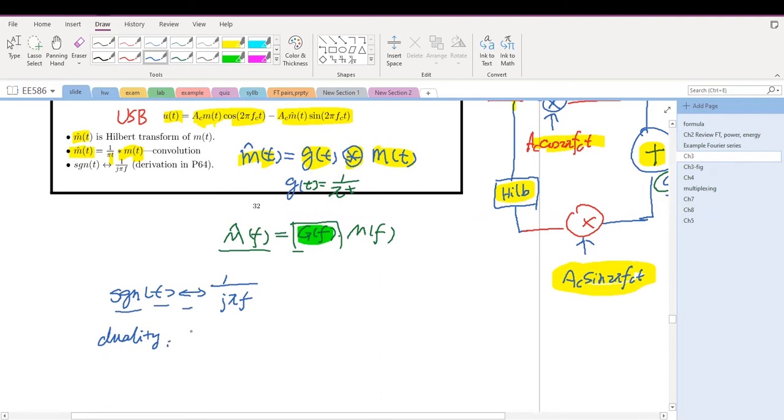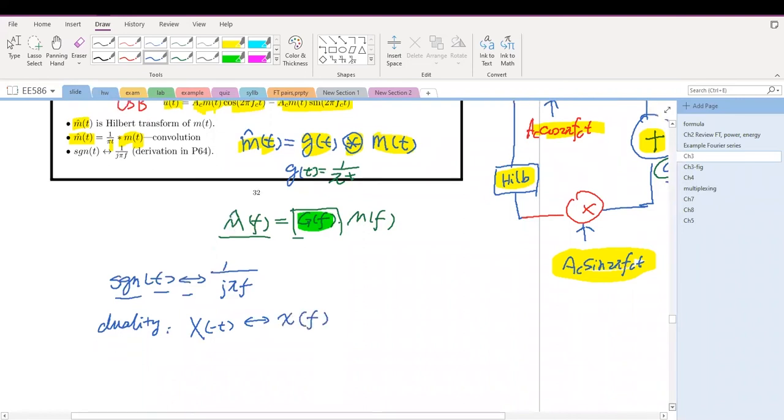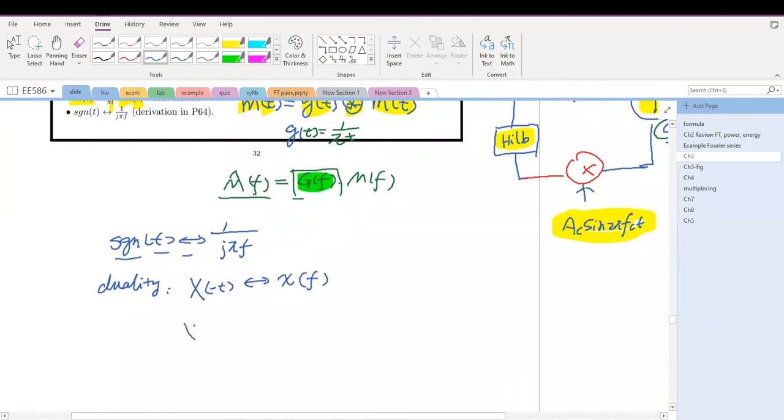Next, we want to use duality: if x of t corresponds to small x of f. In this case, what is big X of minus t? That equals, this is big X, we want to replace f with minus t. So 1 over j pi minus t. Now what is x of f?